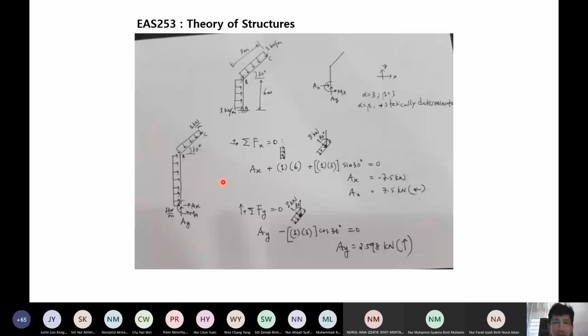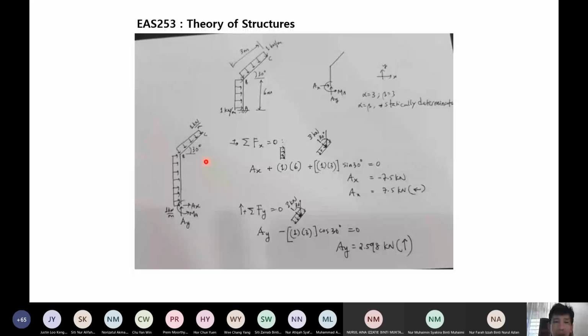So next, this is the question that was asked just now. So why we don't consider X? So here we need to consider X now, because this loading, which is acting perpendicular, has component in X directions.